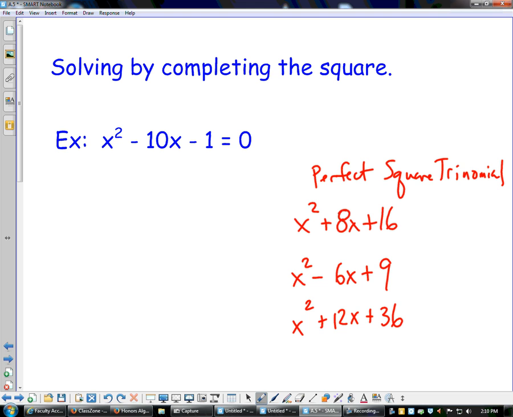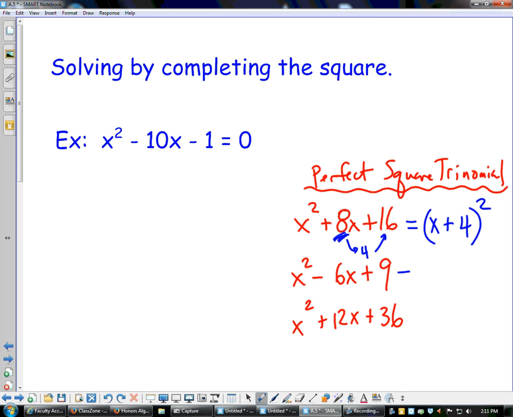So those are some examples of perfect square trinomials. Why are they so perfect? Because they can be written as a binomial squared. In this first case, it would be x plus, and it's whatever half of this number is, right, which is 4, which when squared gives us 16. So x plus 4 quantity squared for this first one.